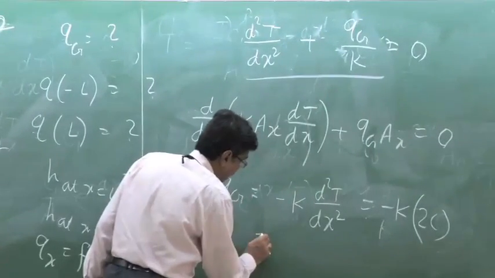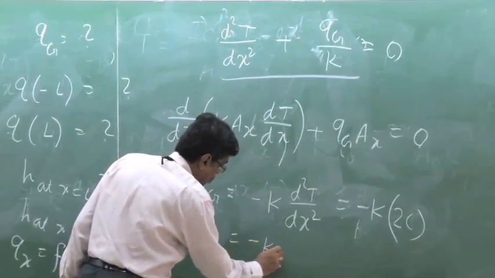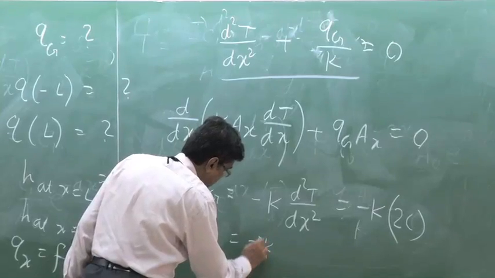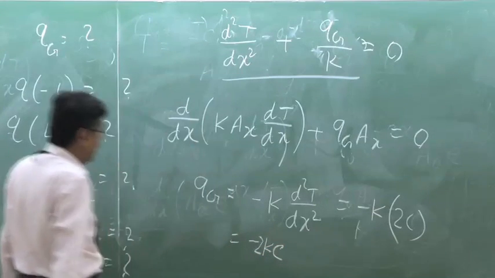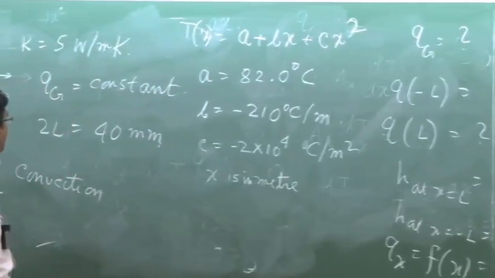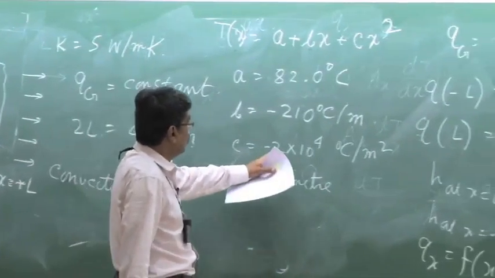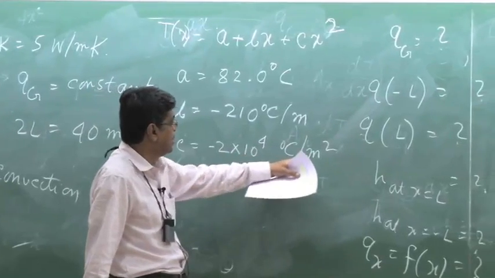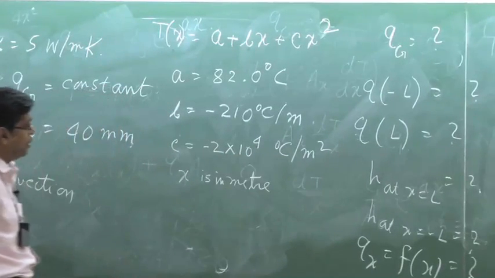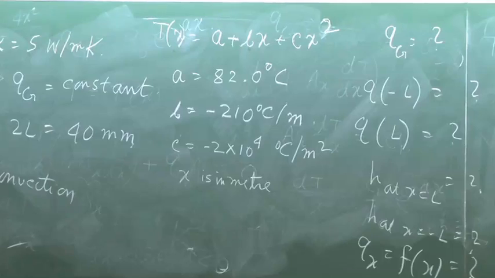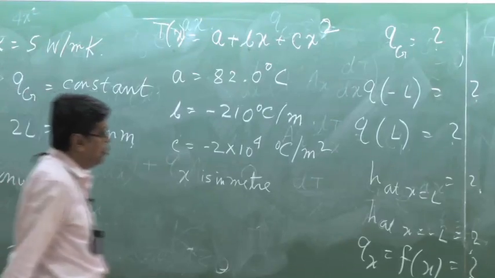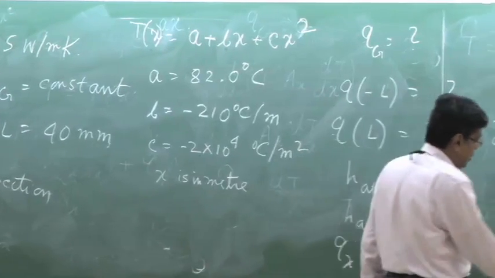That means minus K into 2C. The value of K is given in watt per meter K. The value of C is given as 2 into 10 to the power 4 degrees Celsius per meter square. So if you substitute this, the answer will come.